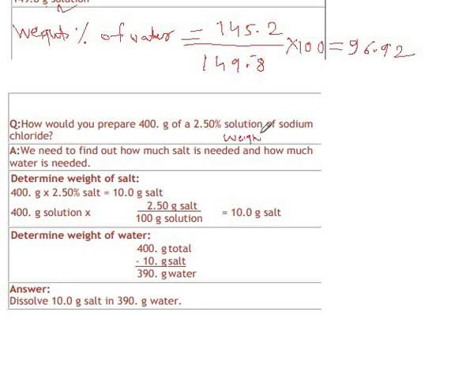This 2.5% is the weight percent of sodium chloride in solution. Okay, see here, how to solve this? Weight percent is 2.5% sodium chloride, and how do you prepare 400 gram?